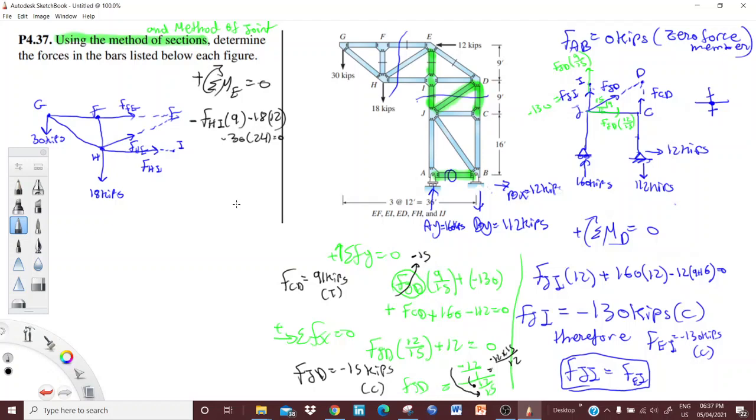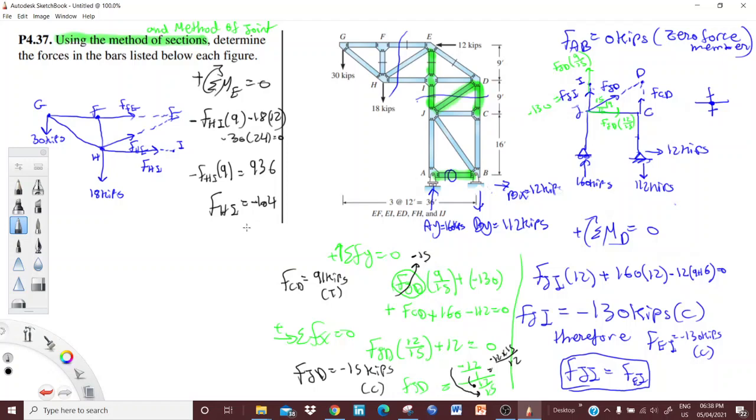Therefore, negative 15 times 12 minus 30 times 24 is going to be equal to minus FHI times 9, which equals 936. Divided by 9, FHI is going to be equal to negative 104.